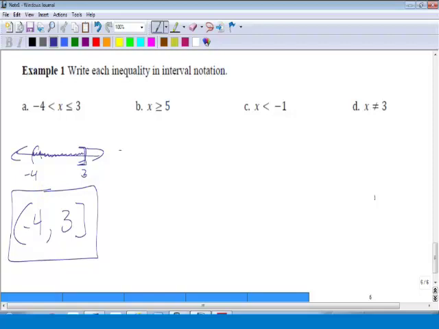x greater than or equal to 5. And just a lot of times students will be confused about which number goes on the left and which number goes on the right. And just looking at the inequality notation, I don't know that it's immediately clear to me whether 5 is the left-hand endpoint of this interval or the right-hand endpoint of this interval. I mean, just today I've gotten my left and right confused a little bit.